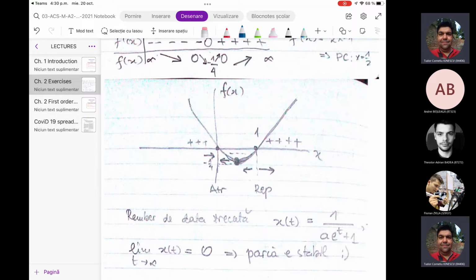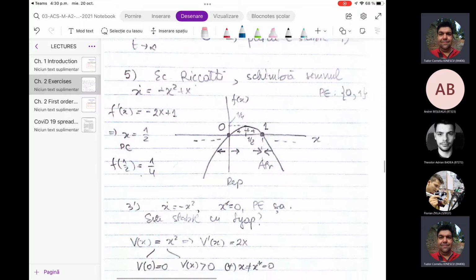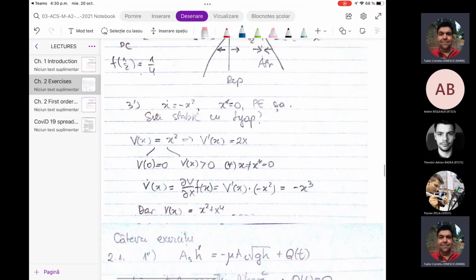So the saddle point can always be between an attractor repulsor sequence. Okay, you can never have 2 saddle points consecutively. Again, for 2 consecutive isolated equilibrium points. Okay, the Riccati equation and so on and so forth.